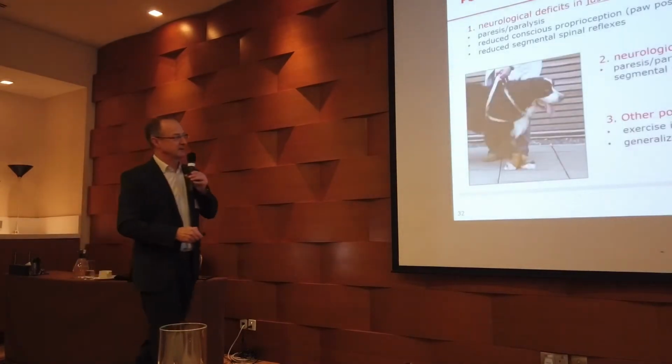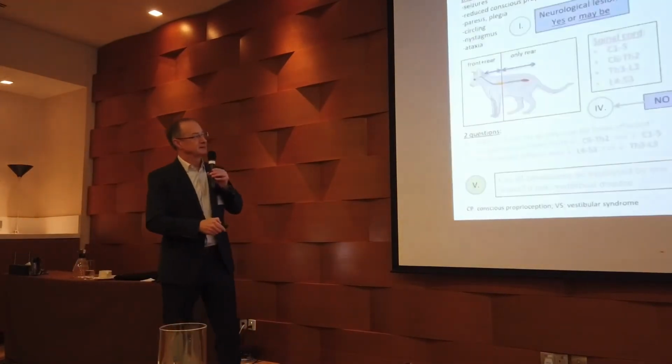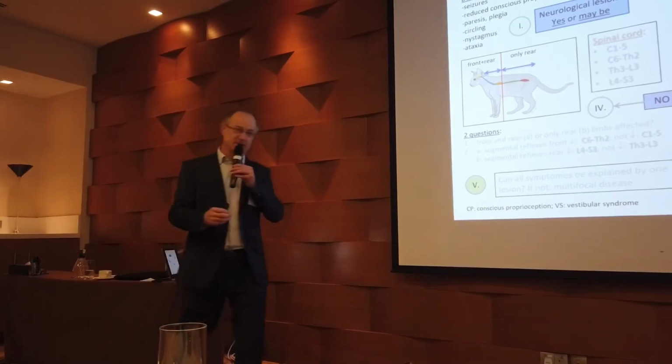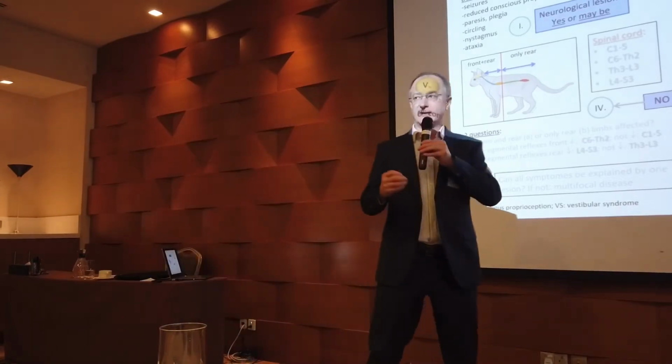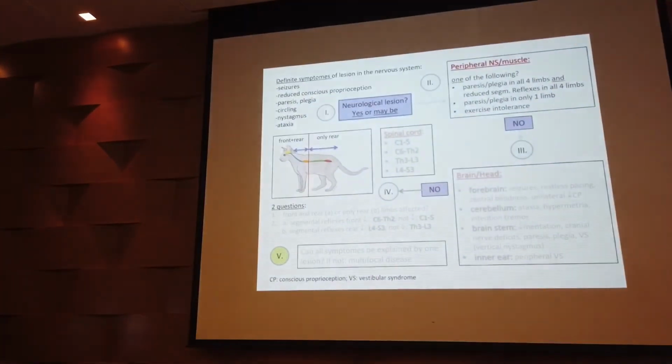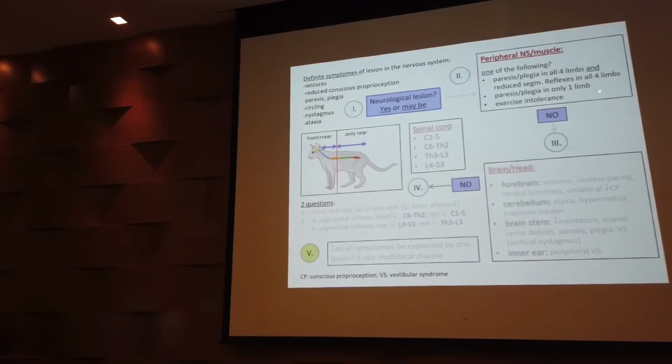Then let's go back to that. I believe you should try to keep in mind those two first criteria, because if you apply those and one of them fits for your patient, you know it's a peripheral nervous system disease. But there's something underneath that is more gray than black and white.